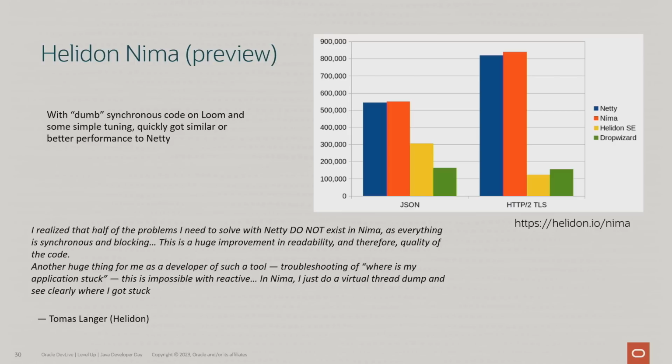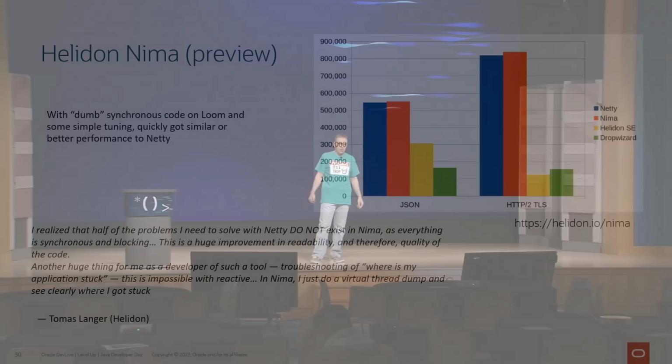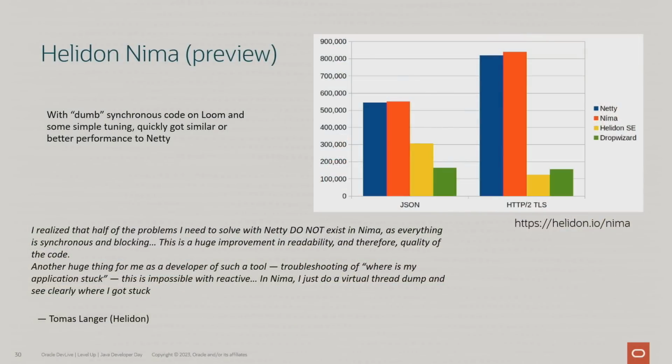Here is a real application which was mentioned in a previous presentation. It's Helidon Nima. It's a web framework, and it's written in a simple thread-per-request style. All the API in that application is a blocking API, and we quickly achieved performance comparable with well-known and perfectly tuned other web frameworks which incorporate asynchronous programming inside.